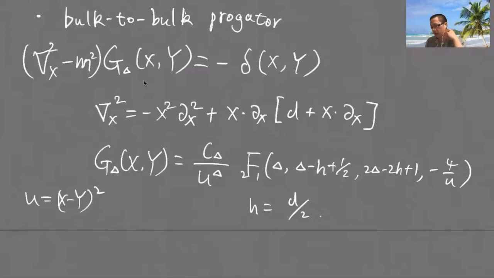Okay. So we will not really use this formula. We will introduce another representation, but nevertheless this is the result for the bulk to bulk propagator.